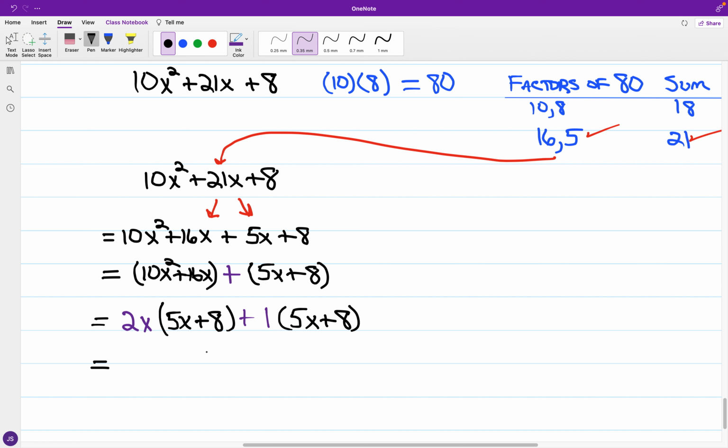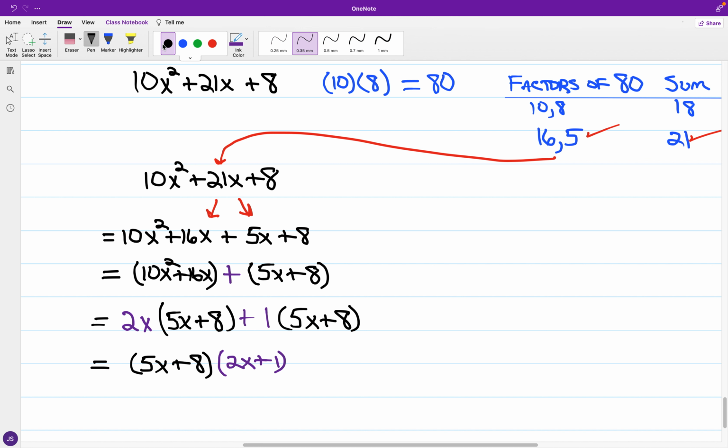For the factorization of 10x squared plus 21x plus 8, after the groupings, we have the common binomial factor 5x plus 8. Joining this with the other set of terms, combining the outside terms within parentheses, we got 2x plus 1.